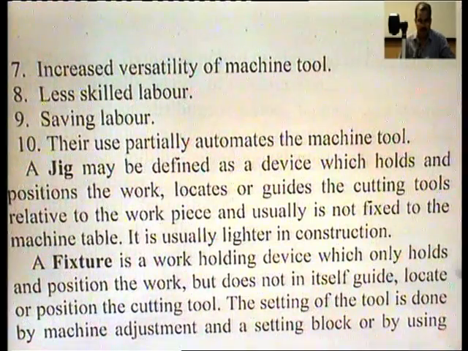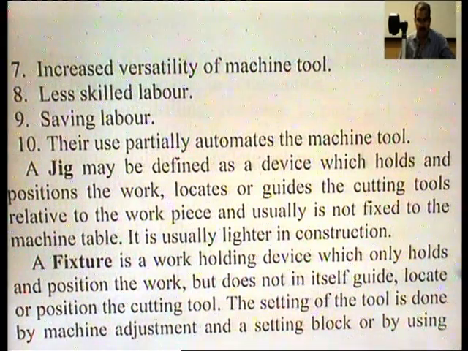Now, what exactly is a jig and what exactly is a fixture? A jig may be defined as a device which holds and positions the work, locates or guides the cutting tools relative to the workpiece, and usually is not fixed to the machine table. It is usually lighter in construction.